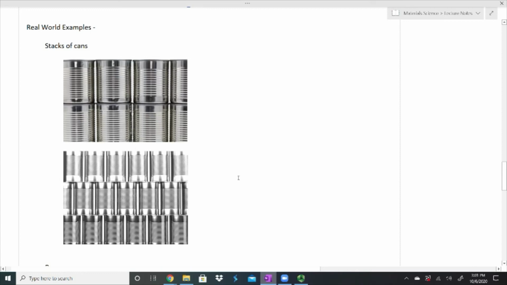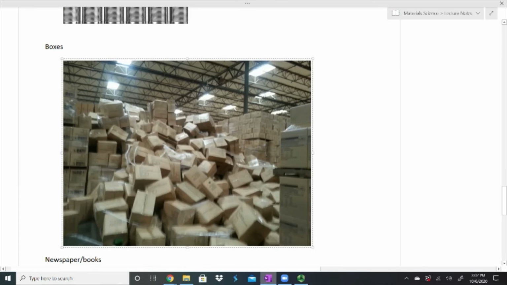Now, if I took these cans and I stacked them in a box, let's say this first set of cans were stacked in a box, and this is how they were stacked inside the box. We can see kind of in the background here that there are some boxes that are stacked up nicely, some off to the left-hand side as well.